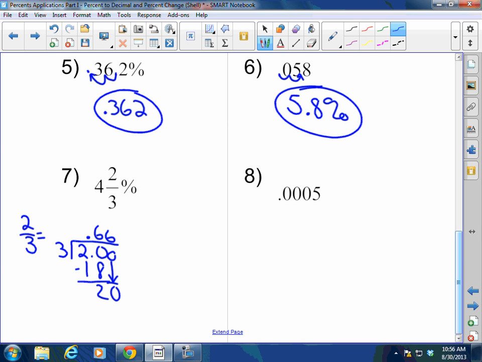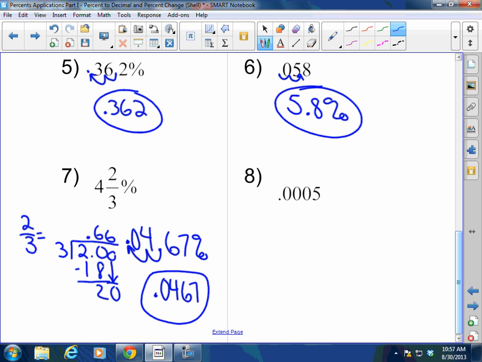So the way we do that when we're converting a mixed number percent into a decimal is we round the repeating decimal to the hundredths place. So this in essence is going to be 4.67%. And now from there I got to go 2 places to the left. 1, 2. Fill in the gap with a 0, so I've got 0.0467.